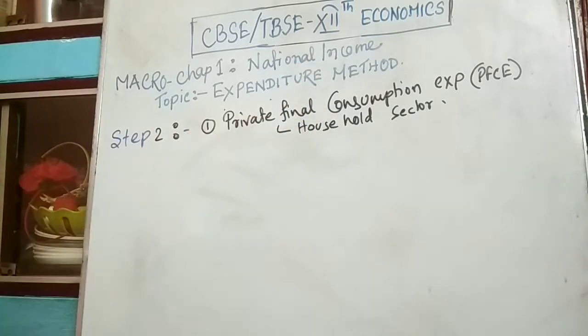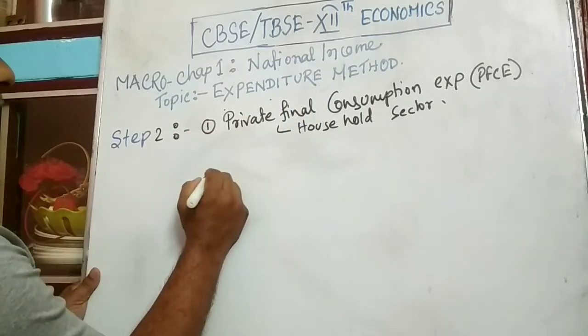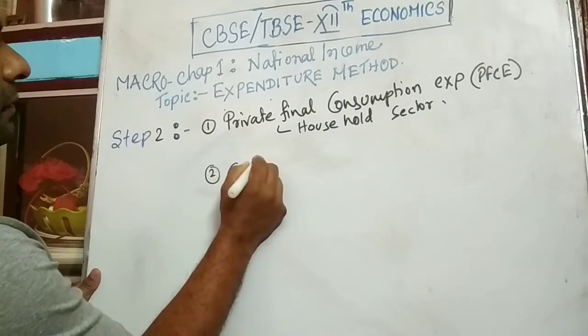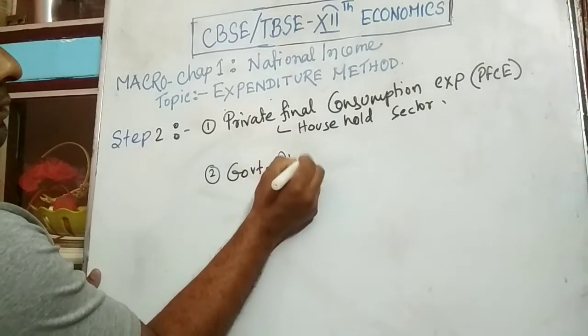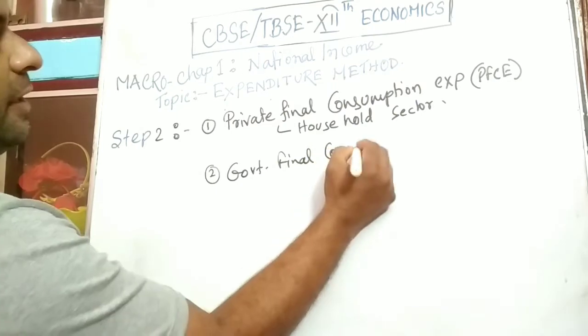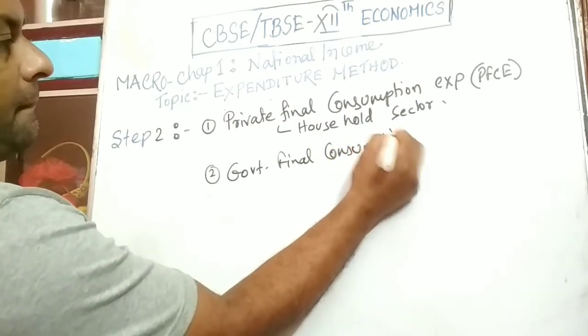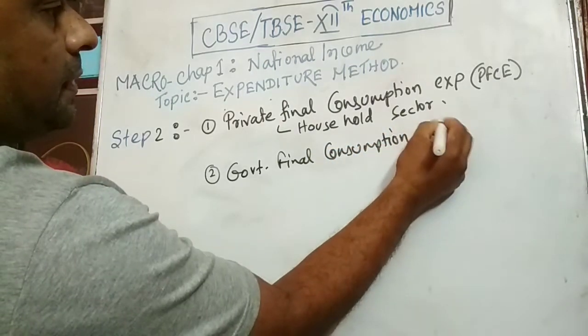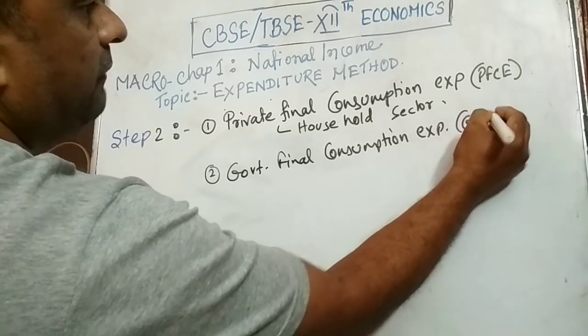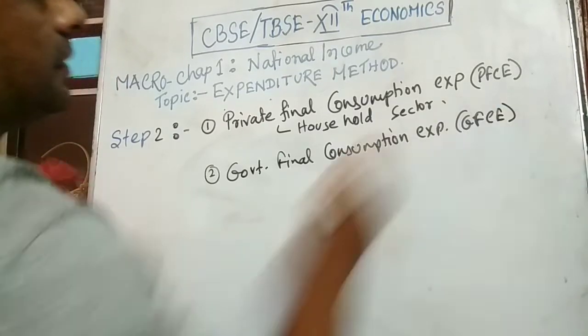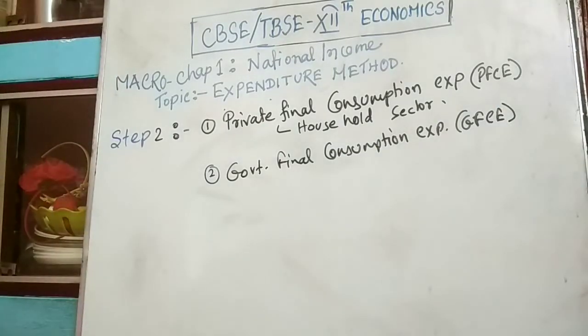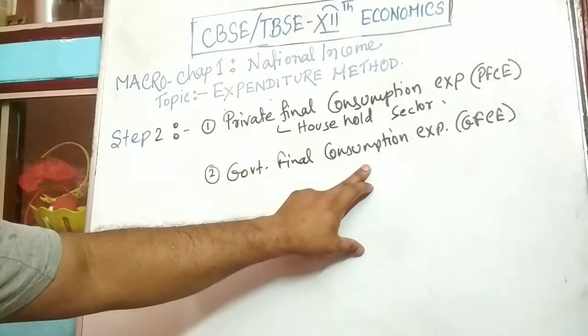Second one is government final consumption expenditure, GFCE. This one also you will get directly in the question paper.